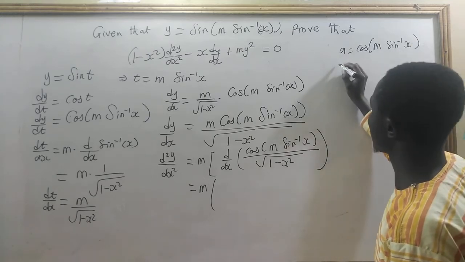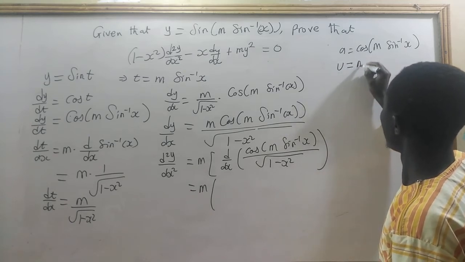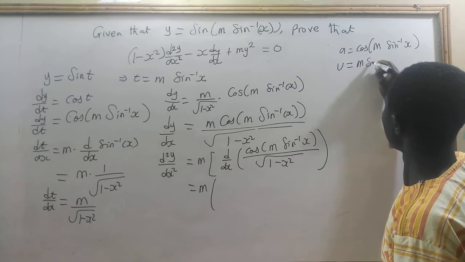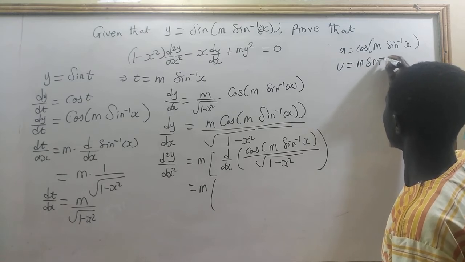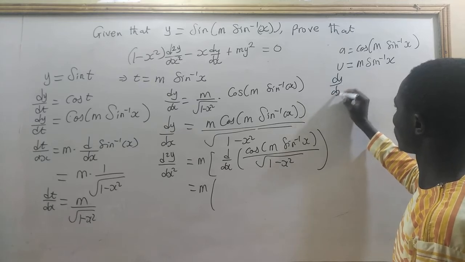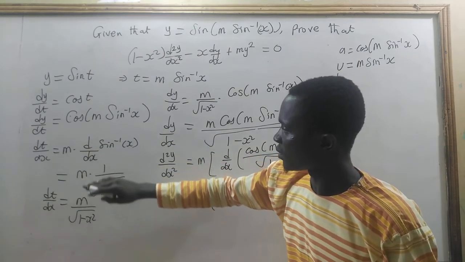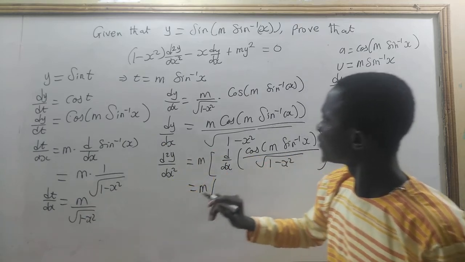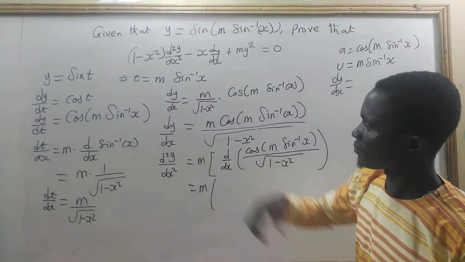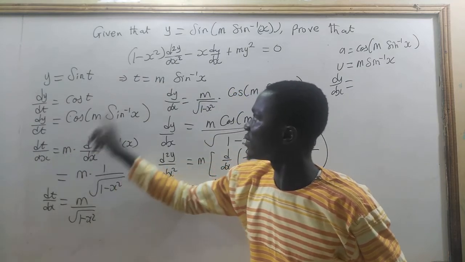Now if we take, let's say, u equal to m times the inverse sine of x, the derivative of u with respect to x is what we have done here, that is dt on dx.